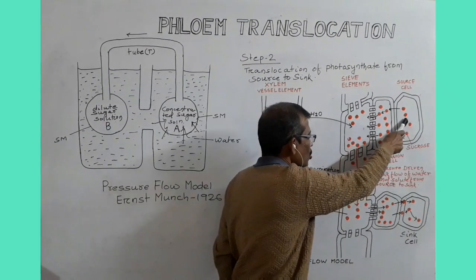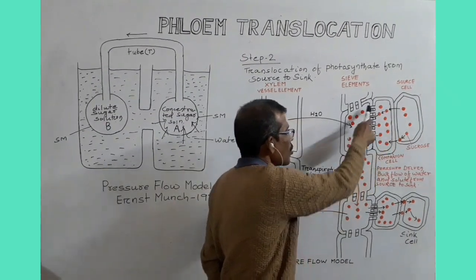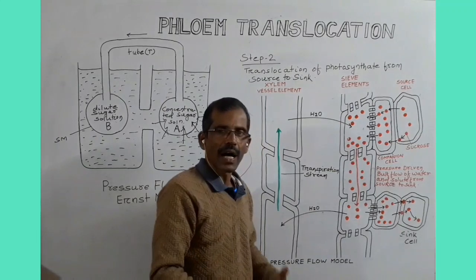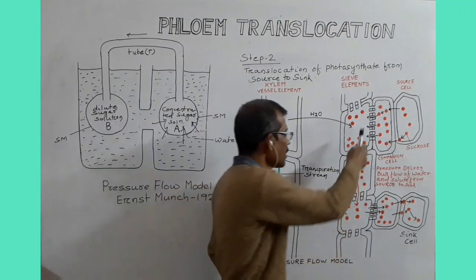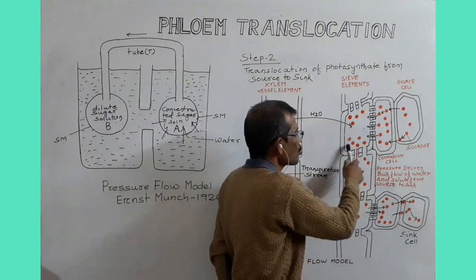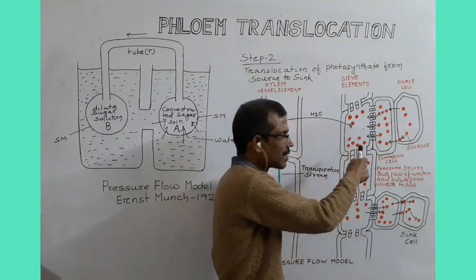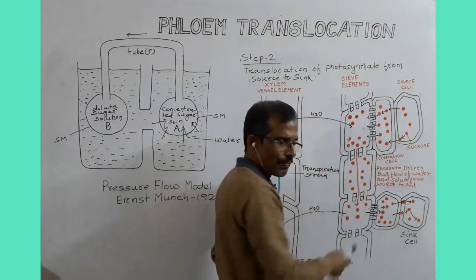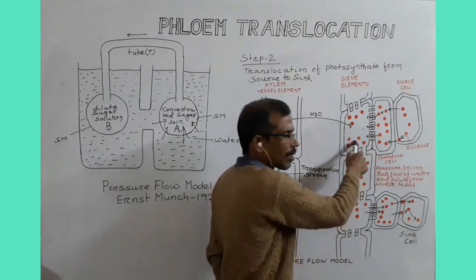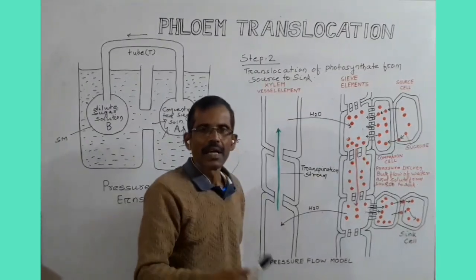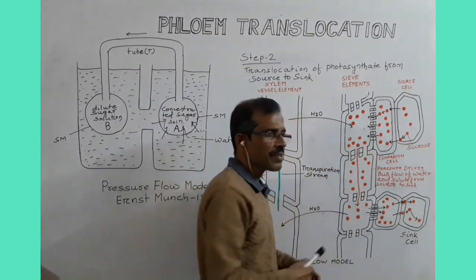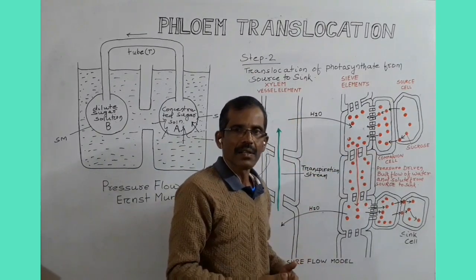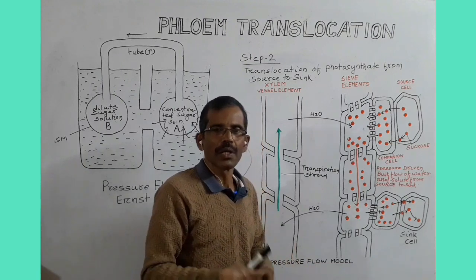At the source, energy-driven phloem loading takes place with the help of H plus sucrose symporter. As a result, there is accumulation of sucrose in the sieve tube element at the source end. This accumulation of sucrose causes a decrease in the solute potential or osmotic potential. As a result, the water potential also decreases.